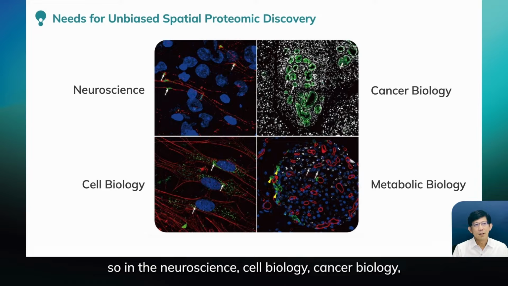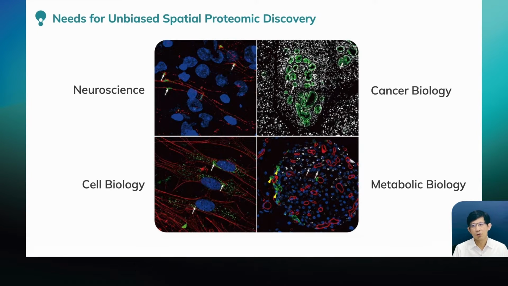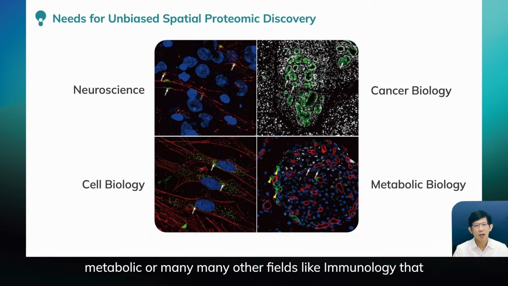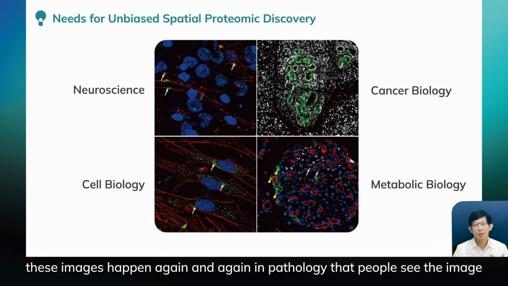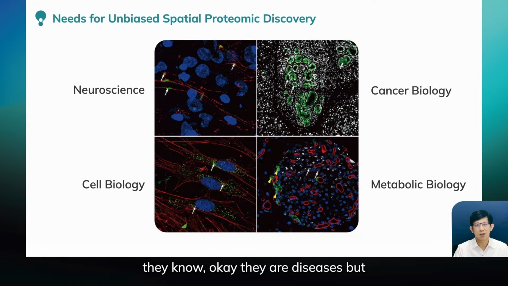So in neuroscience, cell biology, cancer biology, metabolism, or many other fields like immunology, this image happens again and again. In pathology, people see the image, they know there are diseases, but you don't exactly know what is happening in this triple negative breast cancer, for example. This method is going to enable that.